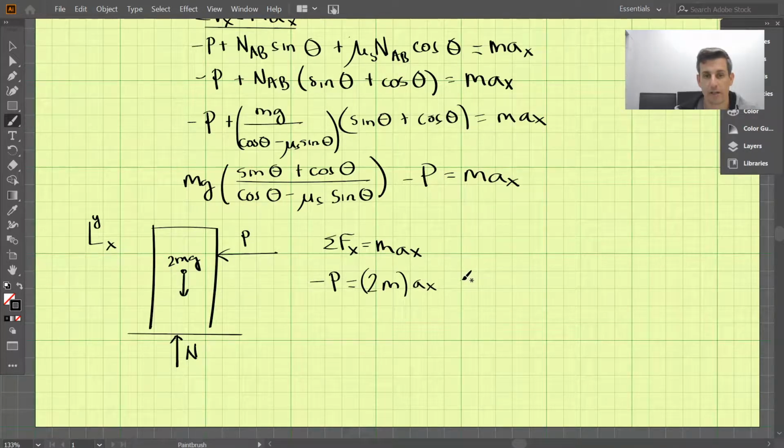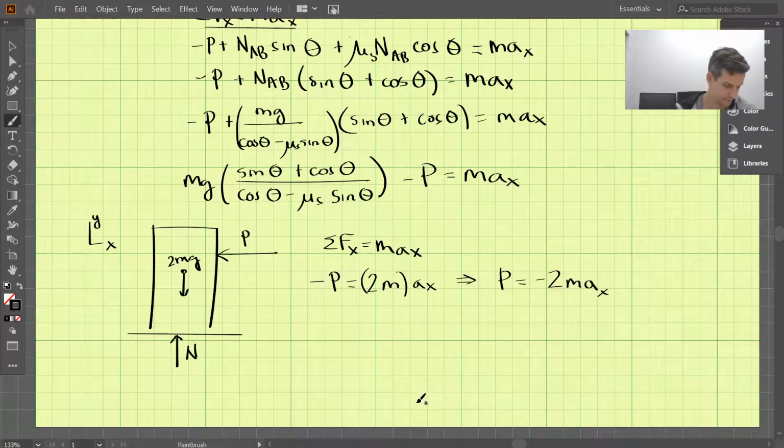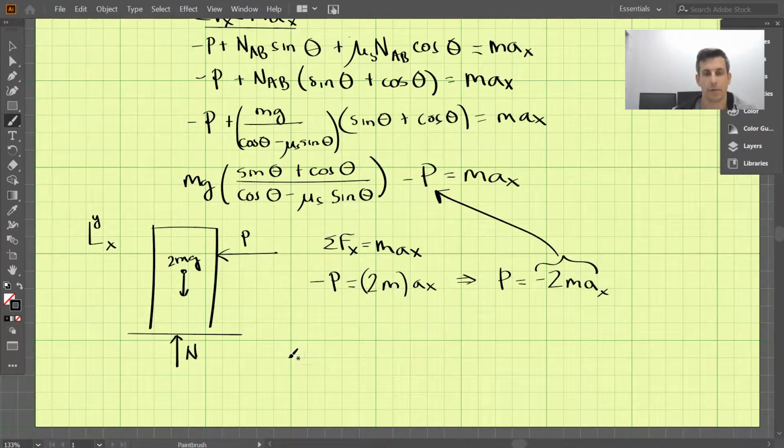Okay, so rearranging this equation, we have P is equal to negative 2 m ax. Now we can put this value that we just found back into this equation here, and we should be able to solve for ax if we put this back into the equation.